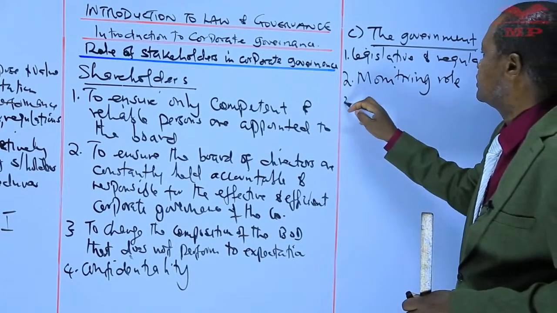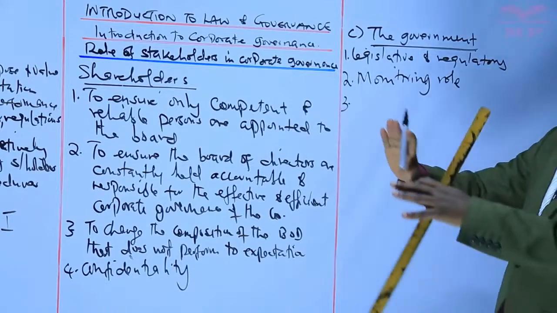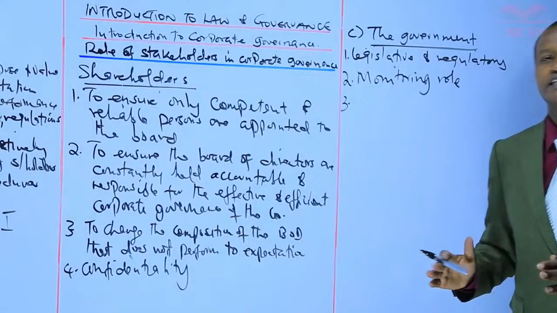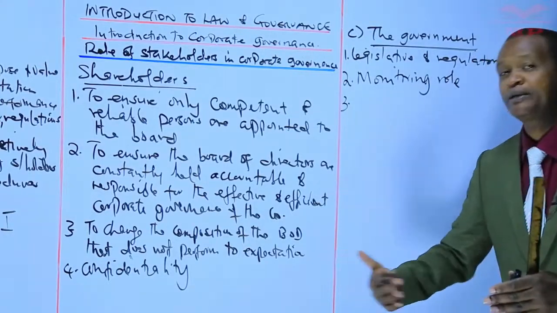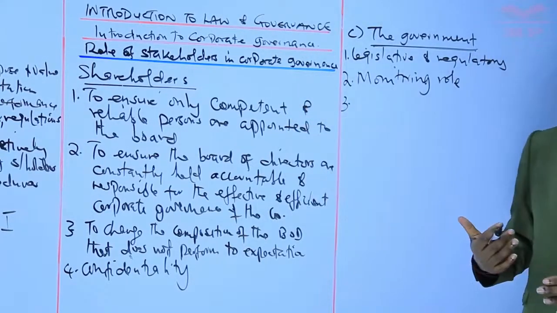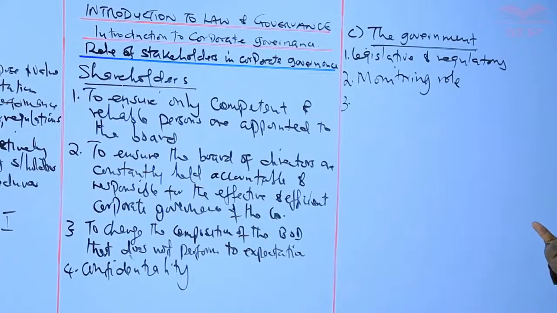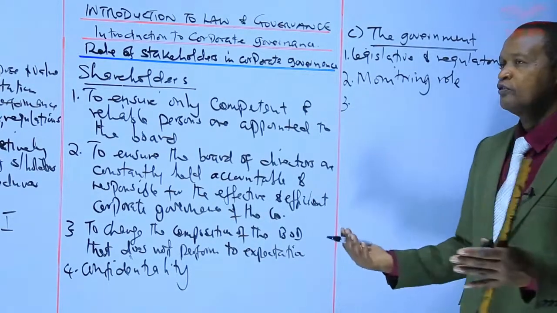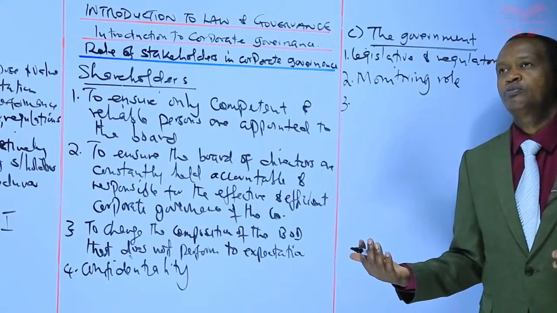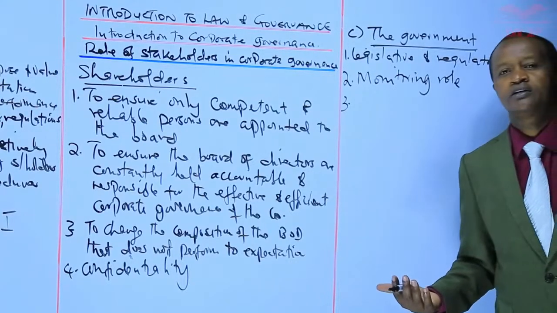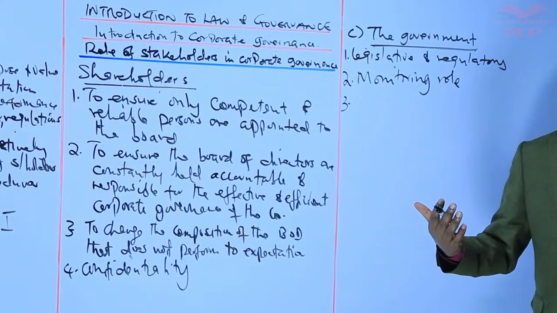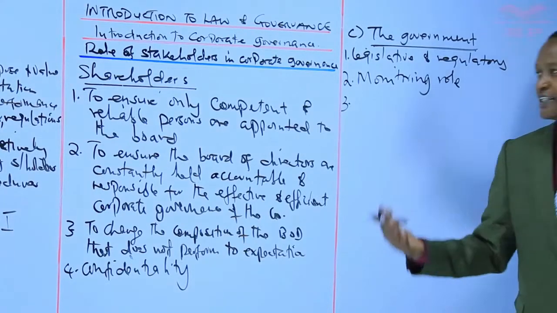Another role that the government plays is an overall role, or what we can call an overarching role. The government provides an enabling environment within which the private sector can thrive. The government is responsible, for example, for providing what I call basic security.